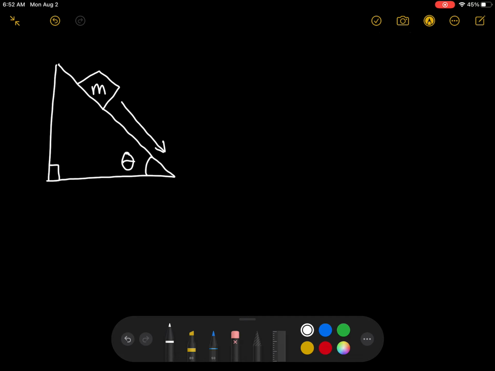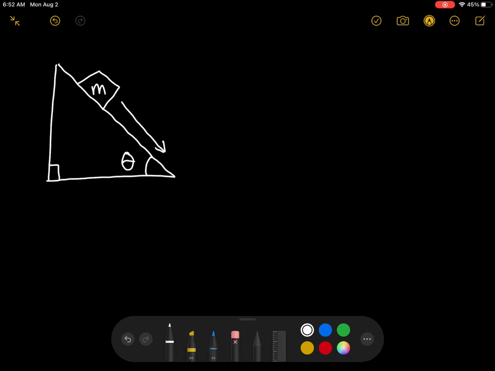Let's look at a mass that's going down an incline at some angle theta. Well, with Newtonian mechanics, you can just simply find the acceleration going down the slope to be g sine theta. So, if we try Lagrangian mechanics, we should also end up with the same answer. The one thing that I want to illustrate with this problem is that you do not always need to find out the equations of motion with respect to the x and the y position.